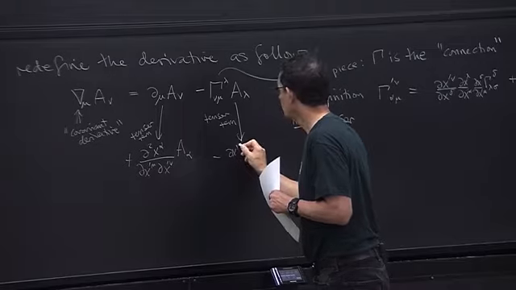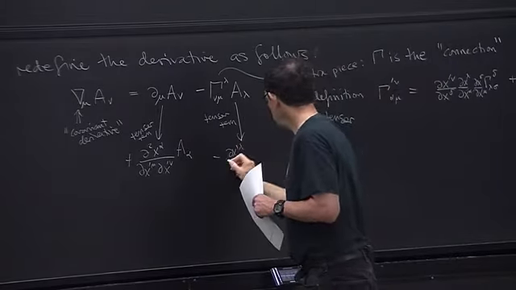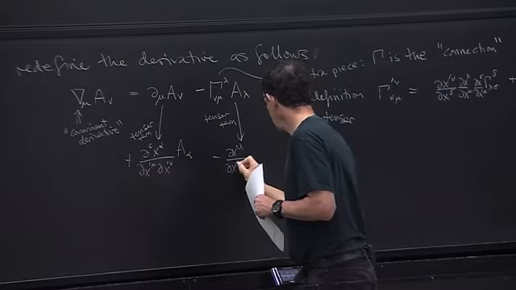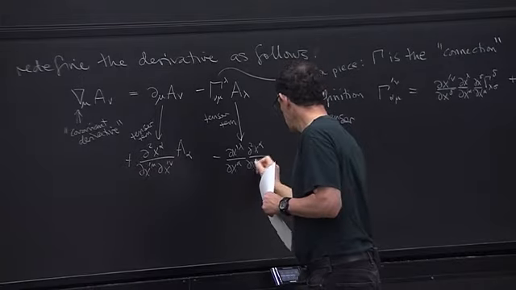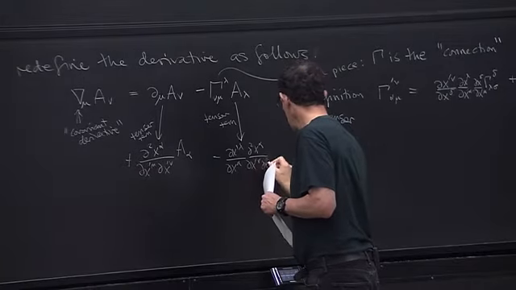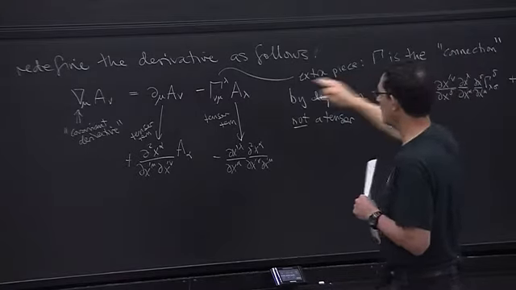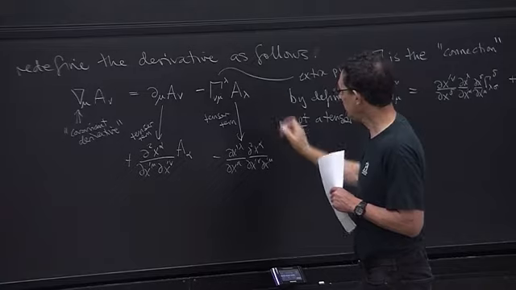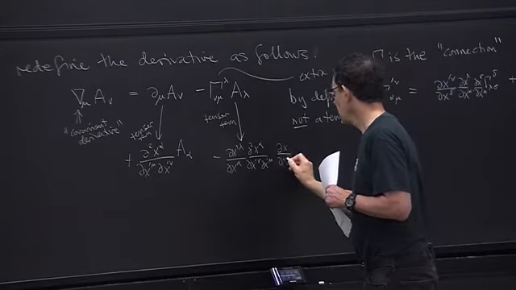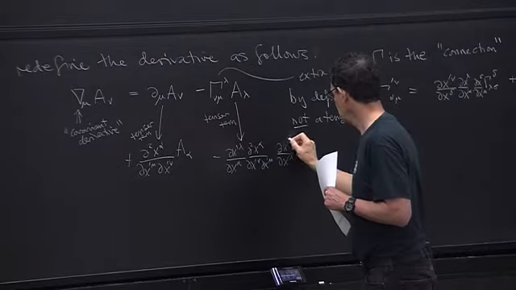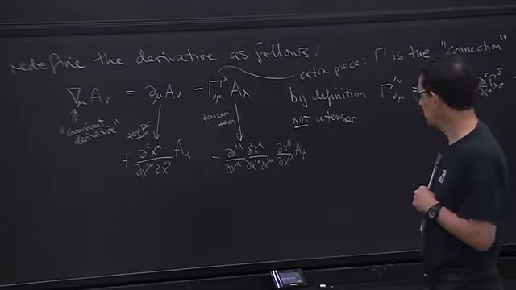Dx prime, now let's see, I forgot the indices. Oh, I need to redefine all the indices. Dx prime lambda, dx alpha, d2x alpha, dx prime nu, dx prime mu. Okay, I just relabeled all these indices. And then A transforms according to dx prime lambda, dx beta, A beta, right?